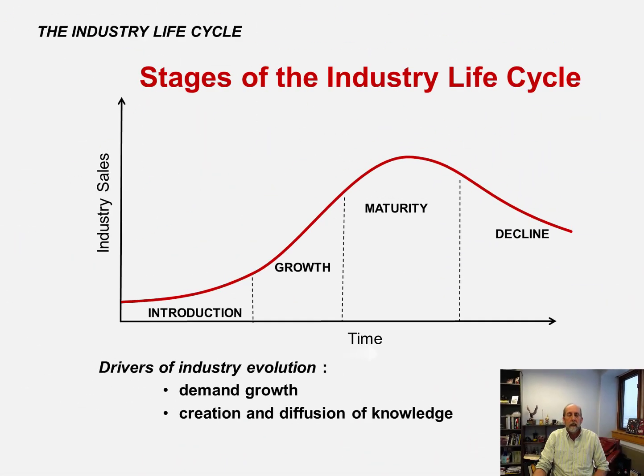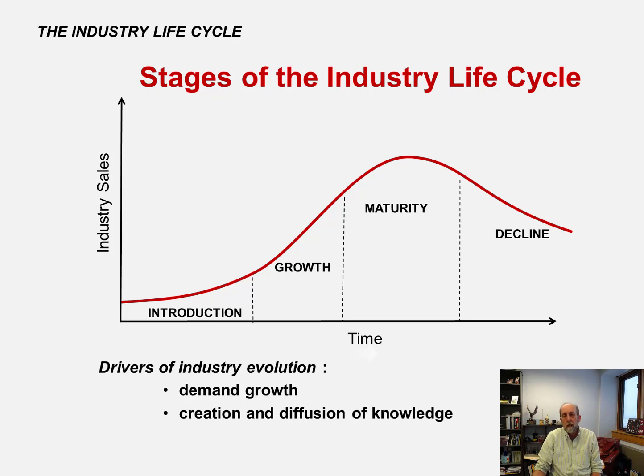And the place we're going to start with this is with the notion of the industry life cycle. The life cycle is a pretty familiar concept. We tend to think of it with the product life cycle: introduction, increase in sales, maturity, and then decline. But the same pattern tends to be seen in industries.